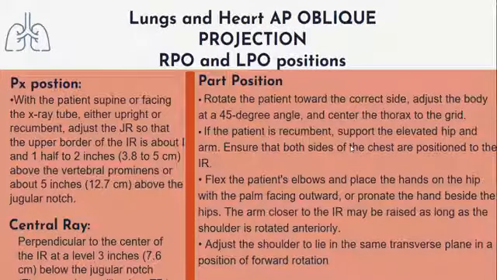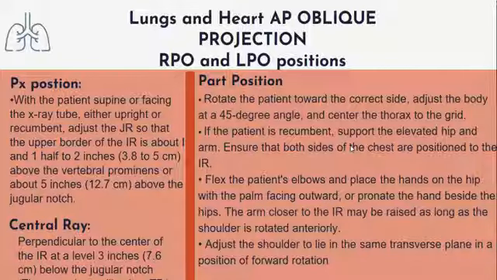So this is the last projection and position for the lungs and the heart, AP oblique projection. For the patient's position, with the patient supine or facing the X-ray tube, either upright or recumbent.